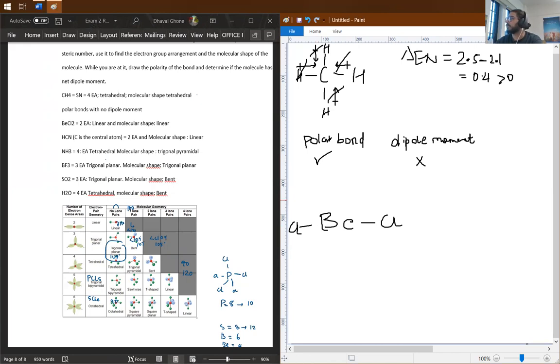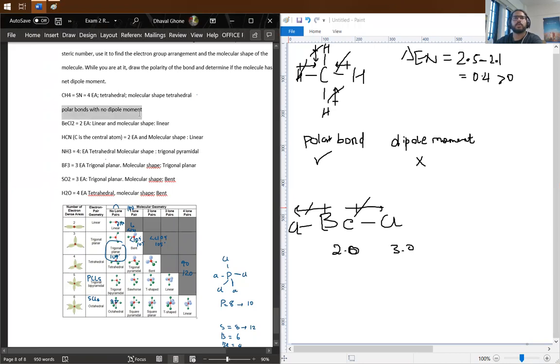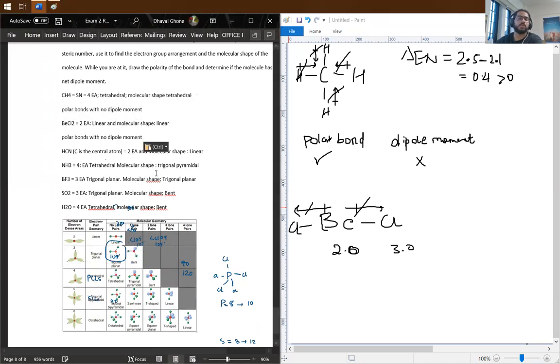Now beryllium has an electronegativity of 2, while chlorine has 3. So this one is more or less negative. There'll be a net movement towards both the chlorines, but because they're symmetric, they cancel off. And so again, my bonds are polar, but there's no net dipole moment.